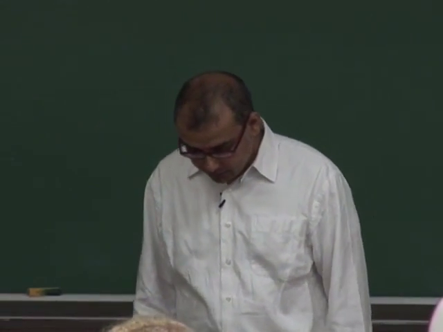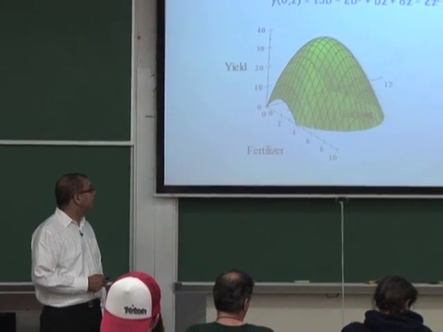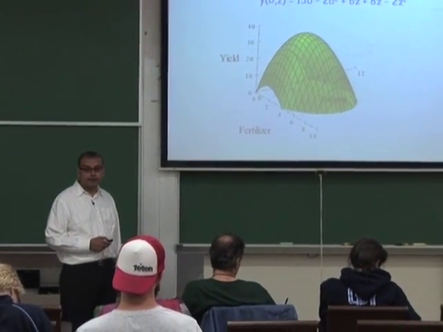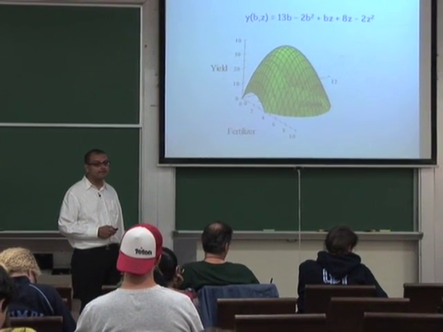For a function of 2 variables, you can display the graph of that function on a 3-dimensional Cartesian surface, just like for a 1-variable function, we displayed the graph on a 2-dimensional Cartesian plane.